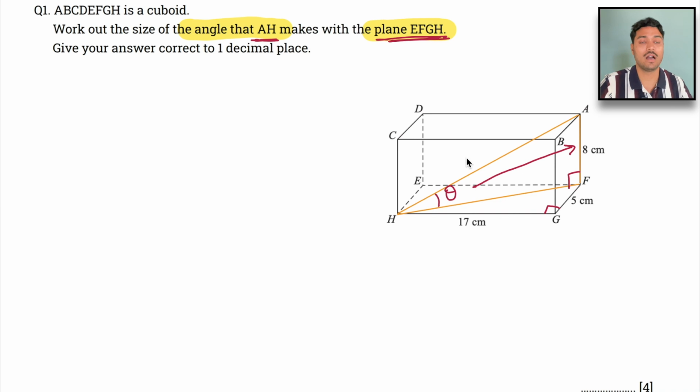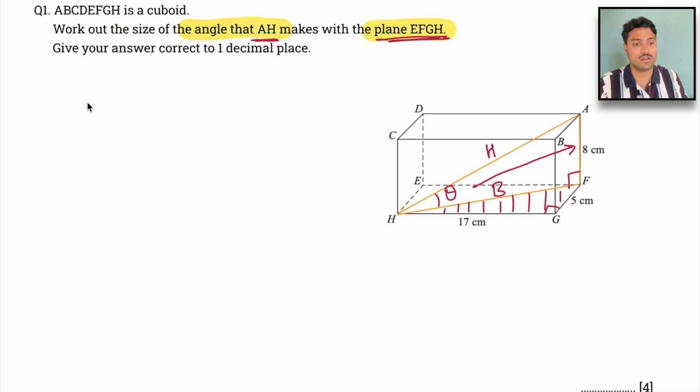We need either the hypotenuse or the base. It's easy to find the base because that's itself the hypotenuse in the triangle HGF. So we can find the base using Pythagoras.